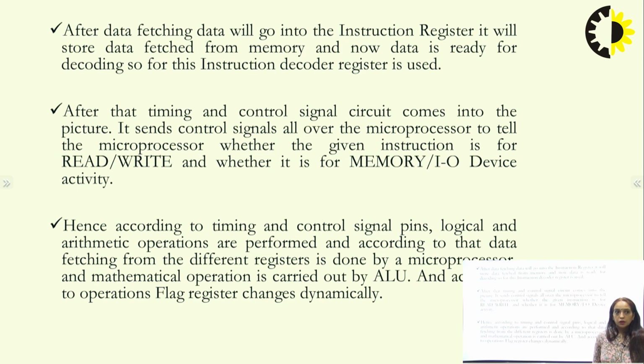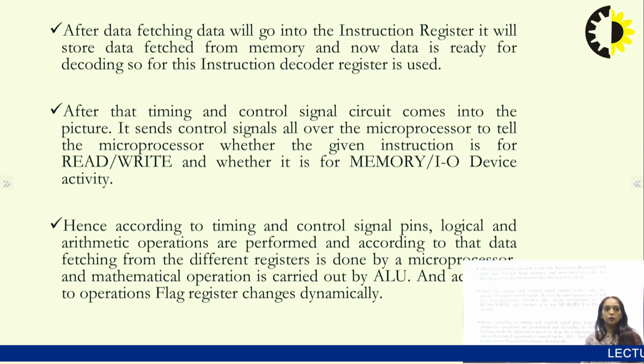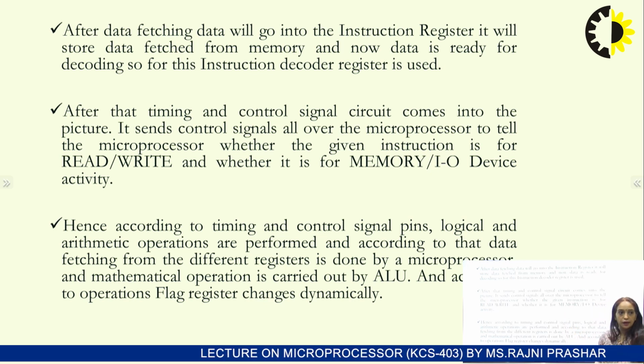For this, the instruction decoder is used, and after that the timing and control circuit comes into the picture. It sends control signals to tell the microprocessor whether the given instruction is for read or write, or whether we want to work with memory or IO devices.